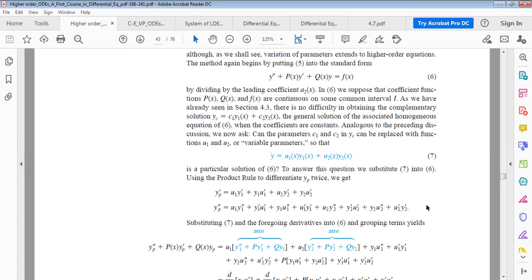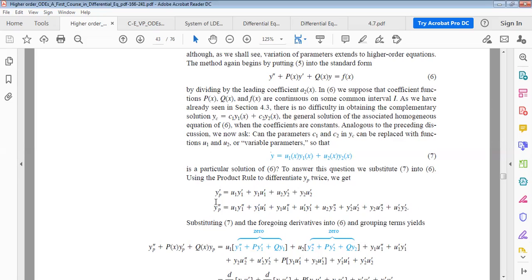From 2 terms, after the UV process, we get 4 terms: u1 into differentiation of y1 plus y1 into differentiation of u1, and u2 into differentiation of y2 plus y2 into differentiation of u2. After differentiating again, we get these two from this, these two from u1 y1', from u2 y2' we get these two, and from the last one y2 u2' we get this by the UV method. Understand everybody?